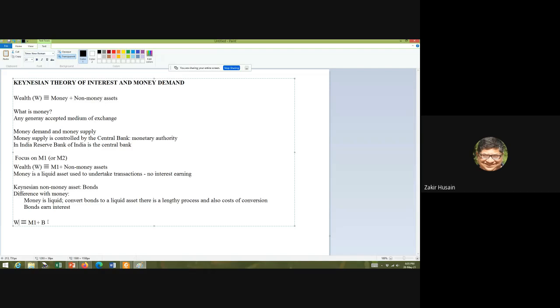Now suppose your wealth is 1000 and you're holding, let us say, 400 as money. Then it's very easy to find out bonds. Bonds will be simply 600, W minus M1. So that means if you know what is happening in the money market, you also know your demand for bonds.